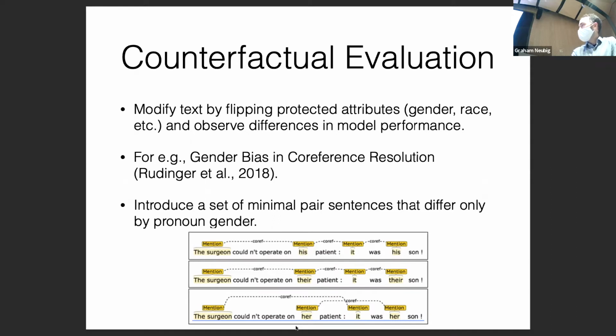But when you have a female pronoun, the co-reference system wrongly predicts that it is not co-referent here. So this is demonstrating that even this co-reference system has a bias towards the link between gendered occupations and other things like this. This is called the Winogender schema data set, if you're interested in looking at that.